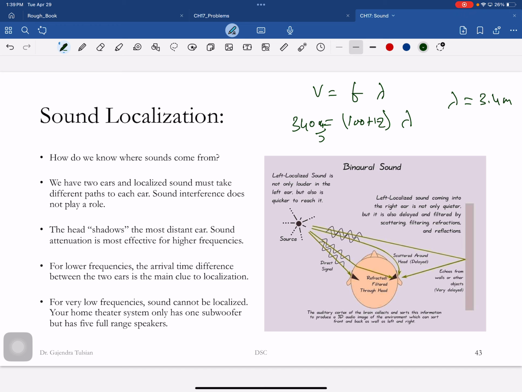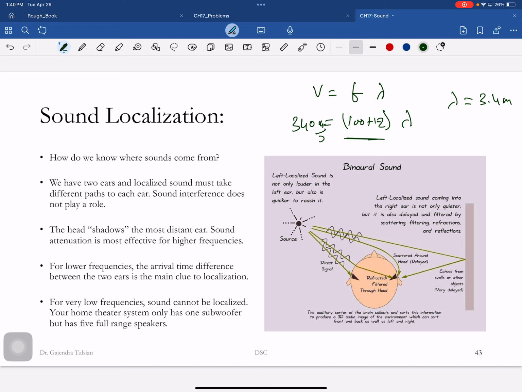So if a speaker is playing 100 hertz sound, you don't know where the speaker is within that range. You can place the speaker anywhere there, and you can't tell where the speaker is.